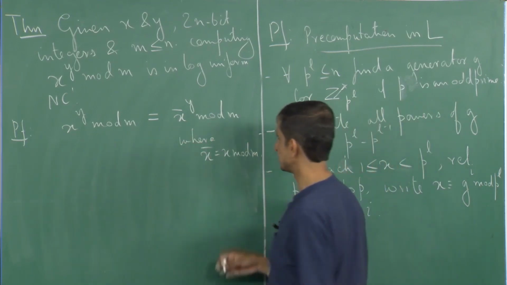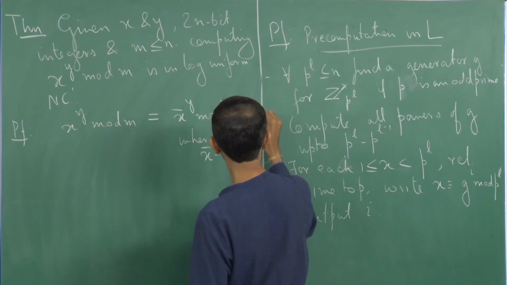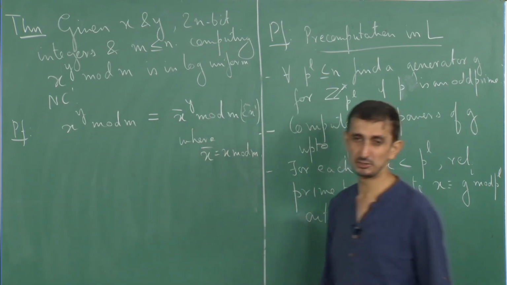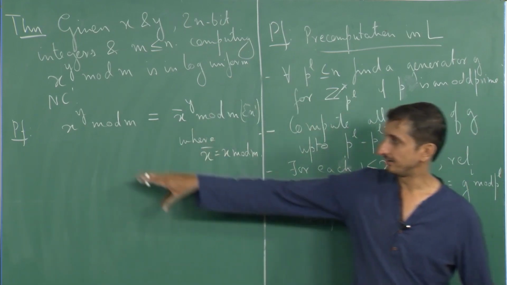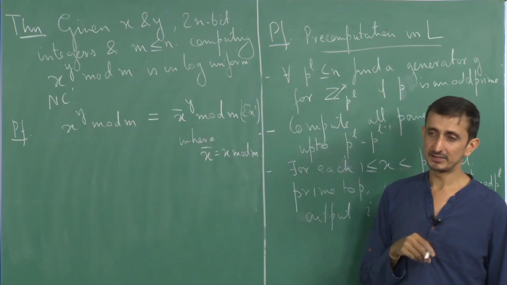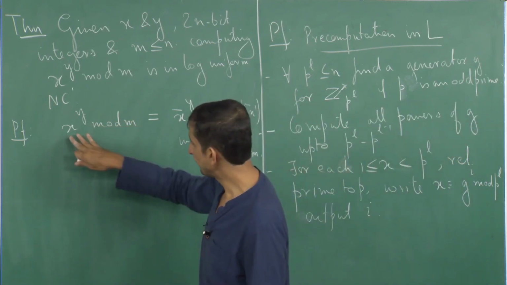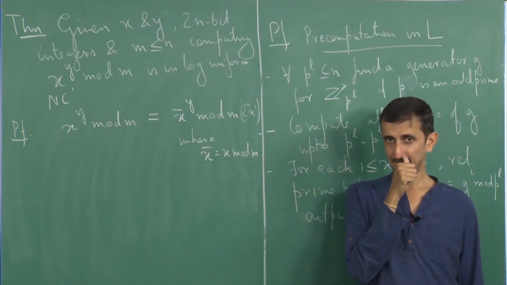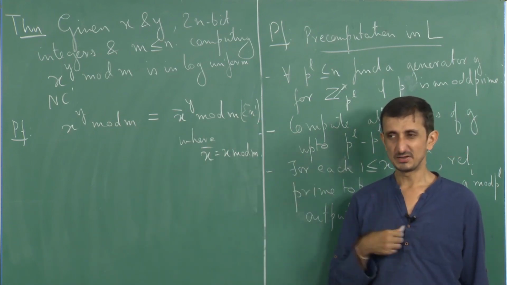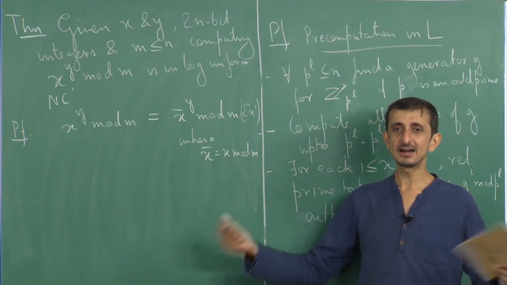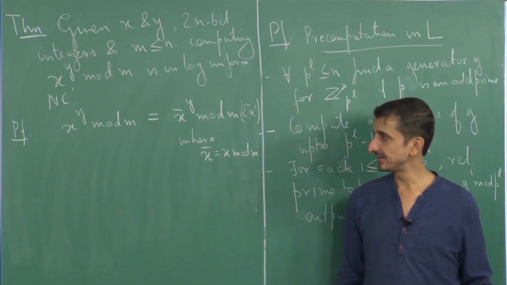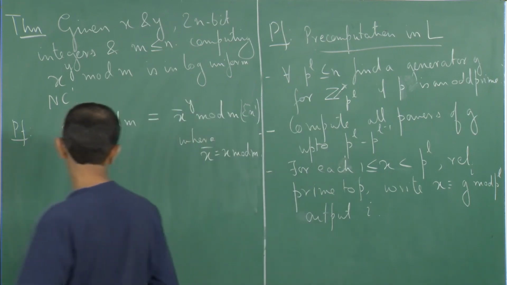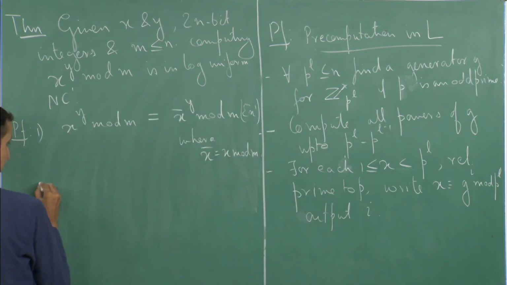This is an exercise for you to check. Actually, this is not even an exercise, this is quite obvious that x to the power y mod m is equal to x bar to the power y mod m. So we have reduced x to x bar. How can we reduce y? Instead of computing with respect to a large power, can I write again, this is point number 1.